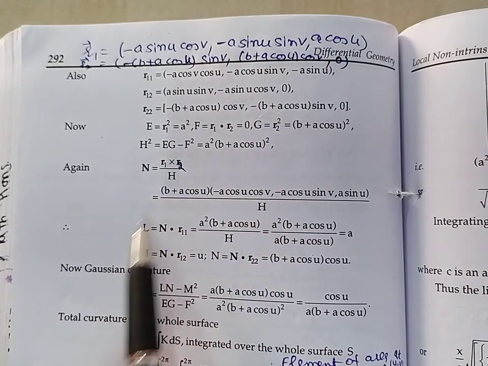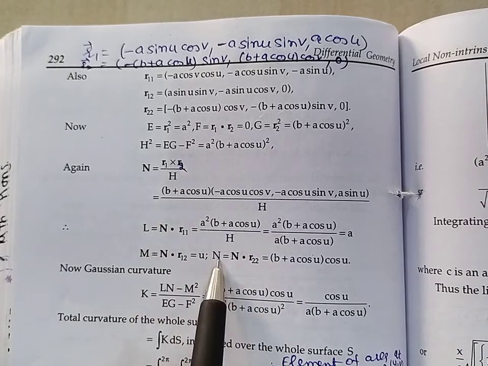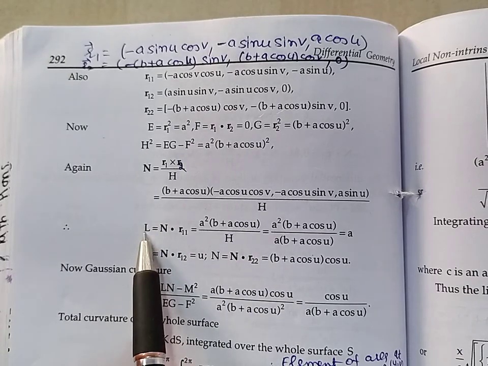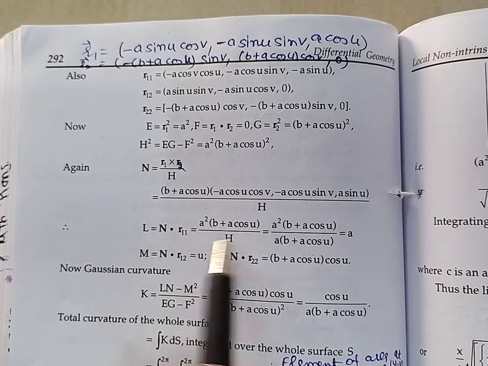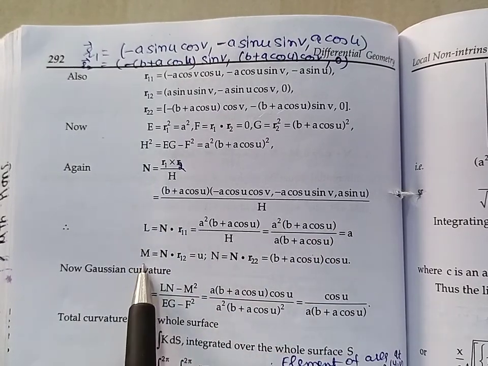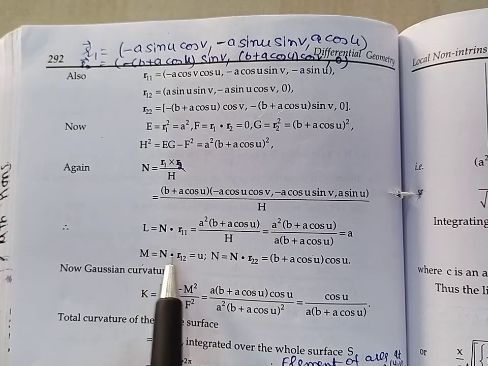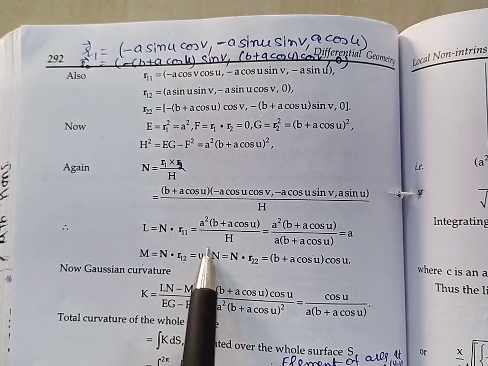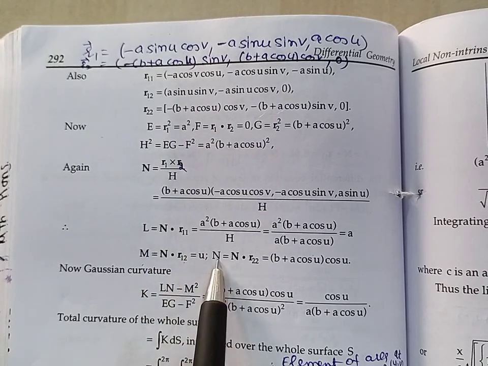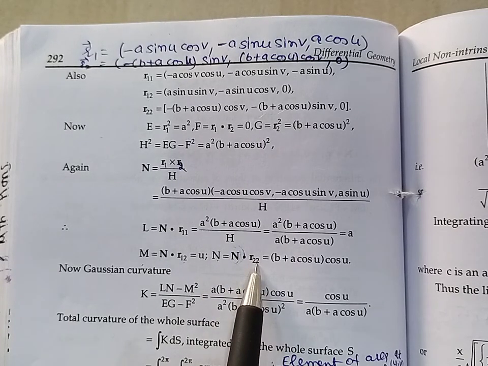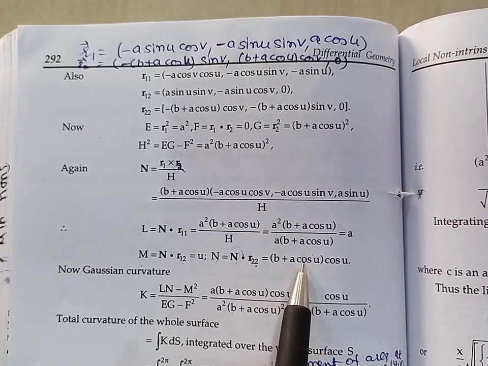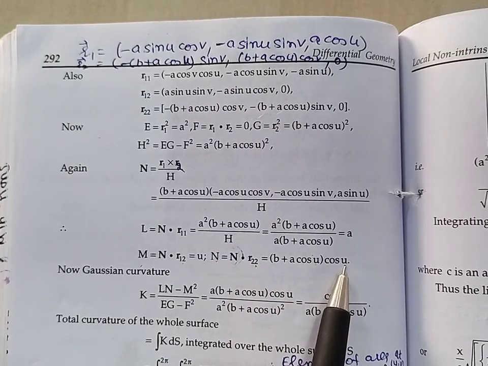Substitute the value of r1 cross r2 here and find L, M and N. L is the dot product of n with r11, that is a. M is the dot product of n with r12, that is 0. And N is the dot product of the unit normal vector n with the vector r22, so that is (b plus a cos u) into cos u.